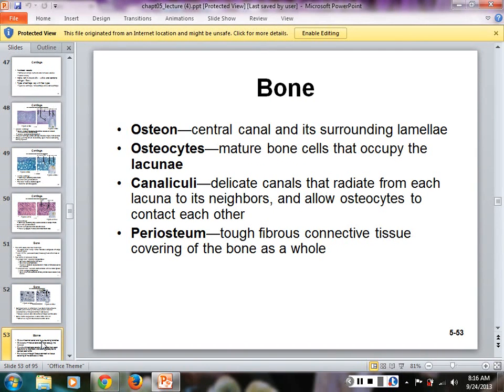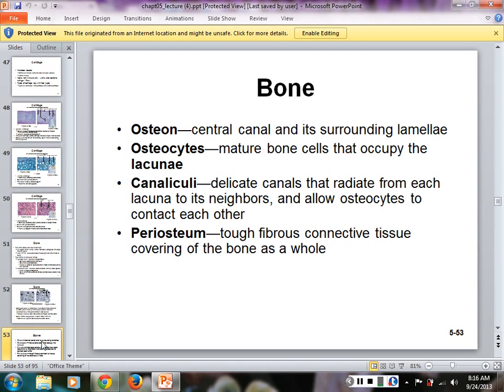Periosteum, so I mentioned osteocytes, the osteon, the canaliculi. The periosteum, there are 2 layers that we're going to talk about in another chapter. Peri means what? Around. Osteo means bone. So there's a layer around the bone, a tough, fibrous, connective tissue, what? Covering.